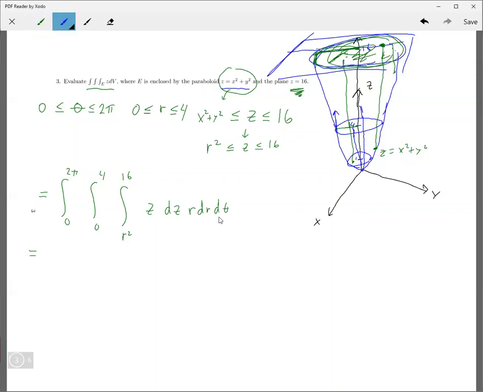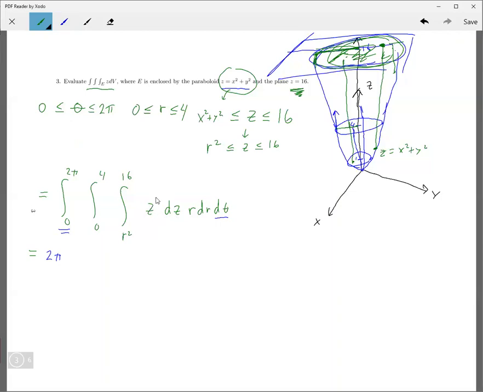I told you before there's a little trick: if you have no thetas anywhere, then you can just take the difference, 2 pi minus 0, so that's 2 pi.